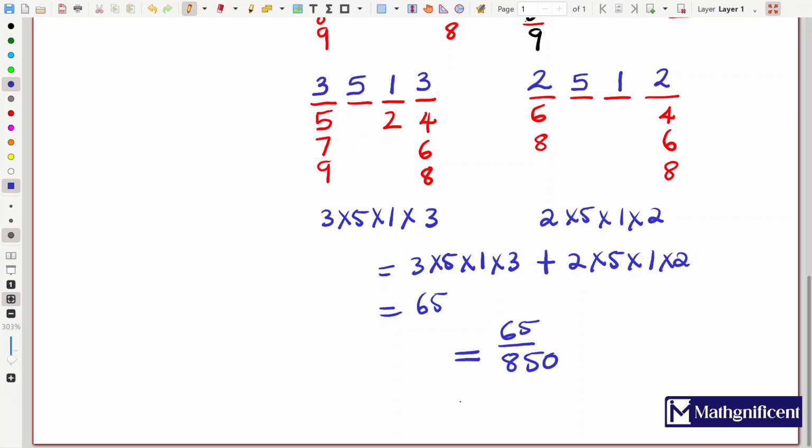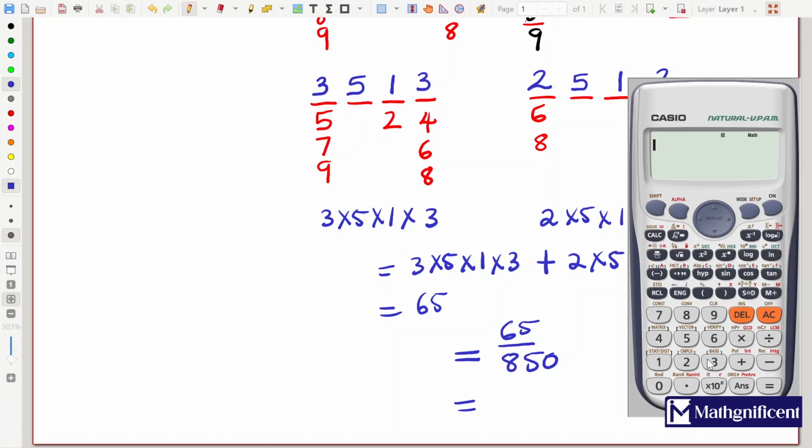So if you want to simplify this, you can just open your calculator. So this is going to be 65 divided by 840 in this case. This can also be translated to 0,077, but then we can just leave it as 65 over 840.